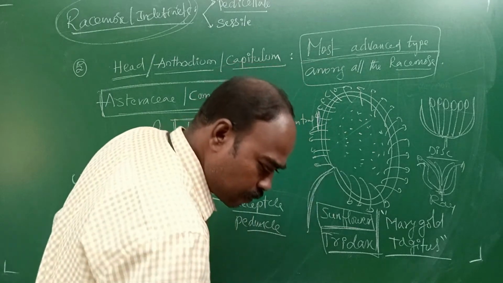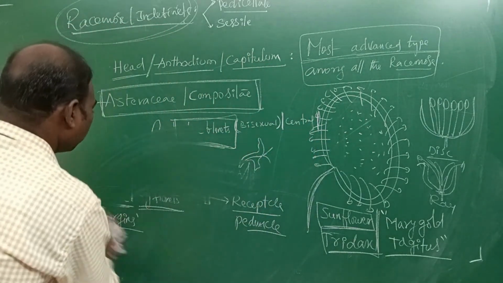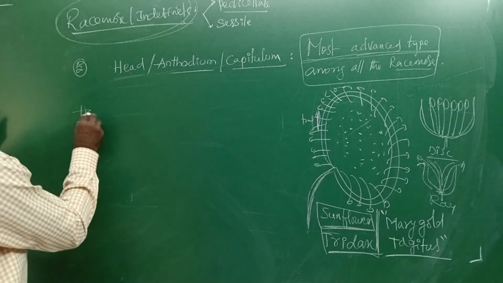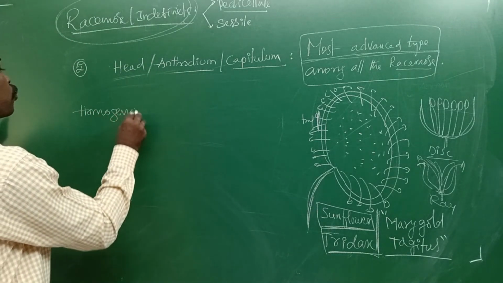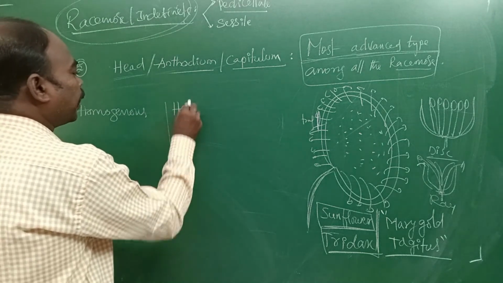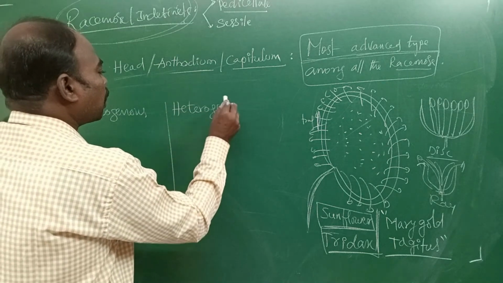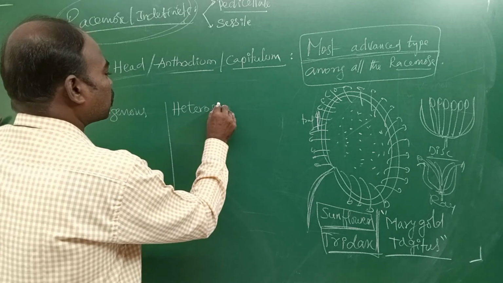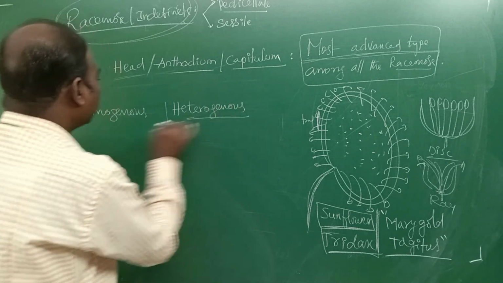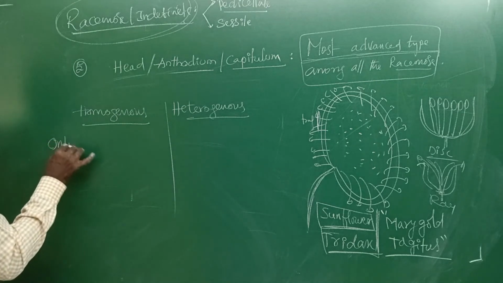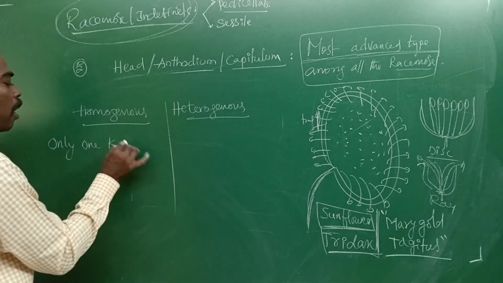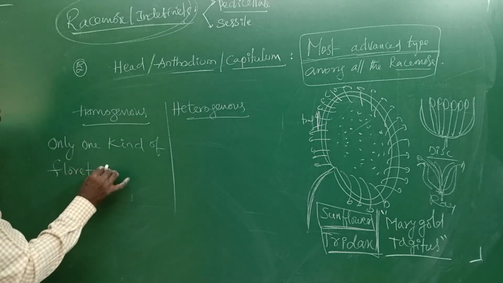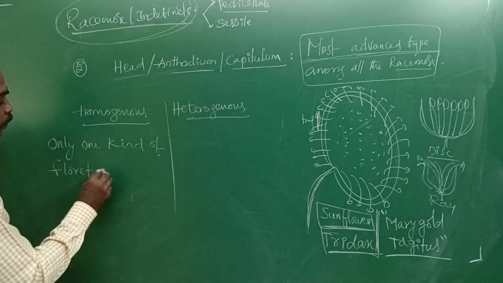Homogeneous or homogamous means only one kind of floret is developed.